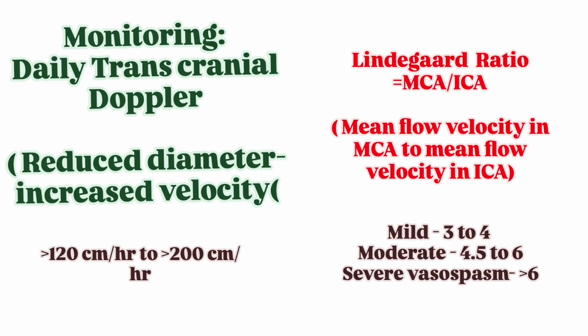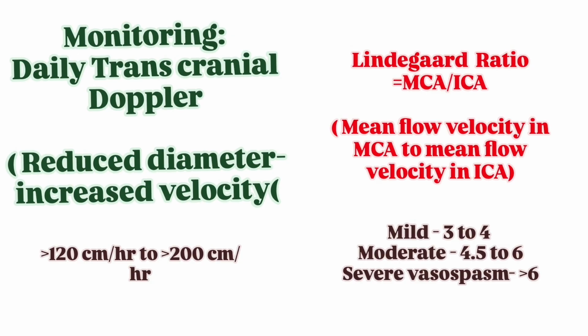Another important parameter to measure the vasospasm is the Lindegaard ratio, which measures the mean flow velocity in the middle cerebral artery to the mean flow velocity in the internal carotid artery.